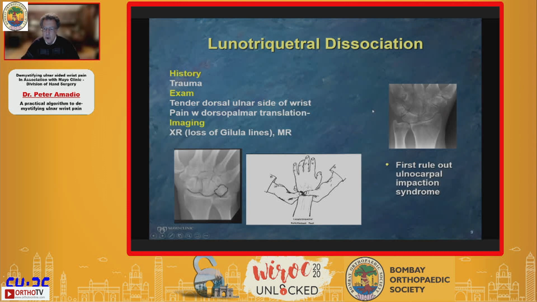One thing you have to do when you are looking for lunotriquetral dissociation is make sure you're not really dealing with ulnocarpal impaction syndrome, because ulnocarpal impaction can frequently cause pain right in that same area. So obviously you'd need x-rays to assess that aspect.